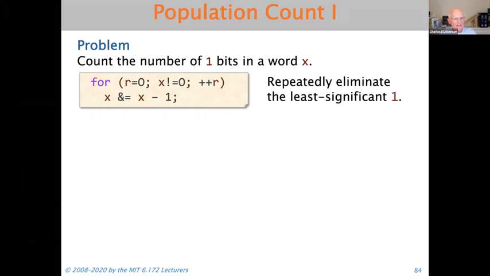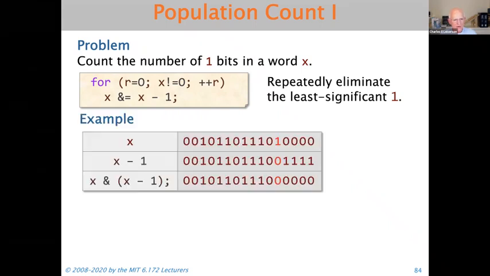Okay, so here's the bit hack. It basically goes through the word starting R with 0 and incrementing it, and we keep going until X, which is the input, which we're going to side effect, is not equal to 0. Okay, and in each stage we AND X minus 1 into X. Now, what does that do? Here's an example.